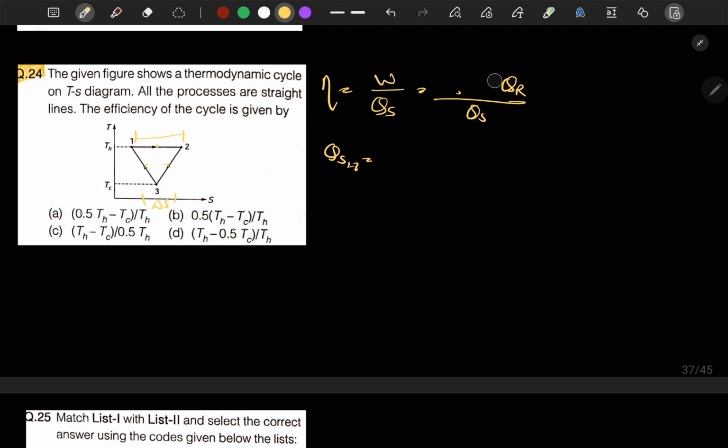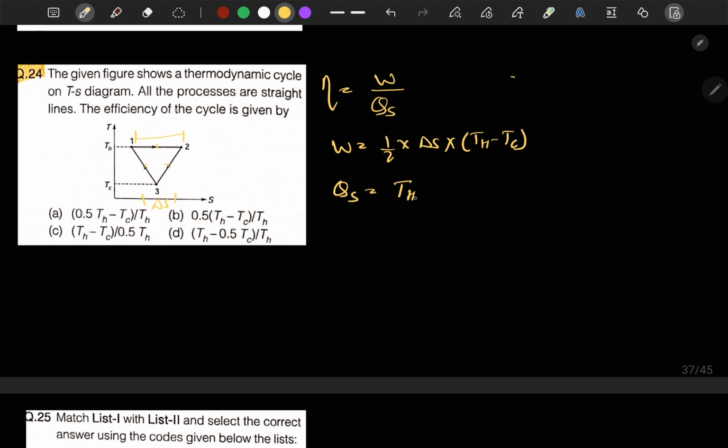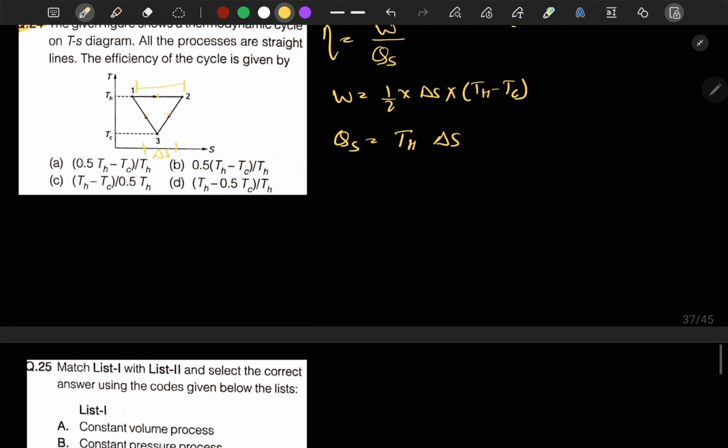Or we can also do it using the same approach that we did previously. Work done is equal to half into base, which is delta S for the triangle, into height, which is Th minus Tc. Heat supplied can be written as Th into delta S, because heat supplied is only in process 1 to 2, and in processes 2 to 3 and 3 to 1 there will be some heat rejection.